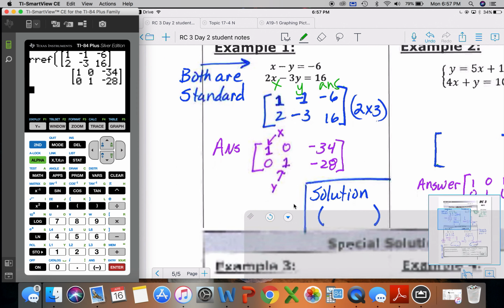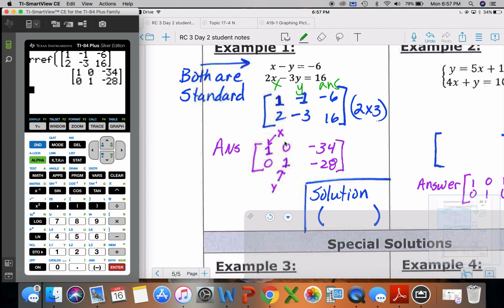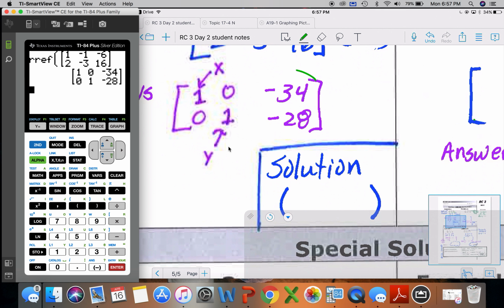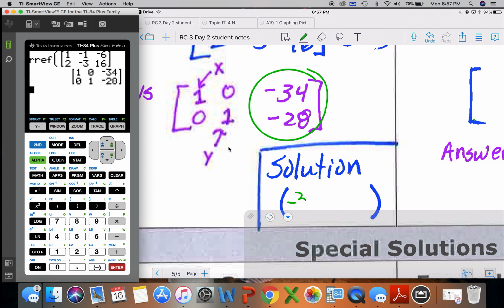Now again, this answer was already here, but I want to refresh your memory on those steps. So we have -1, 0, 0, 1, 0, 0, 1, which is exactly what it's supposed to look like. This tells me that I have a great solution. That is perfect. My solution is these numbers tilted to the side. So -34 goes first, and then -28.